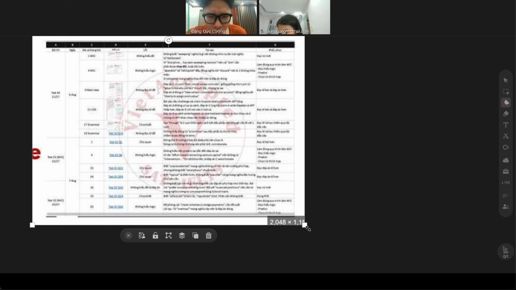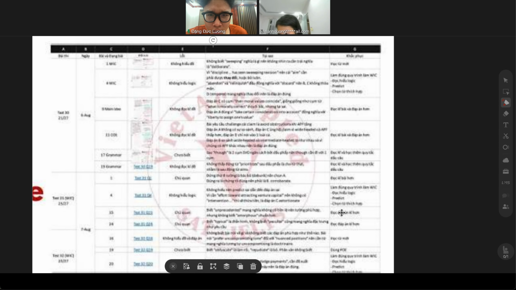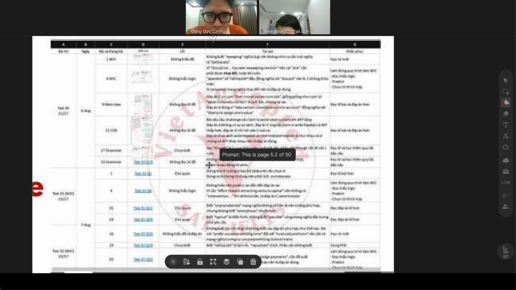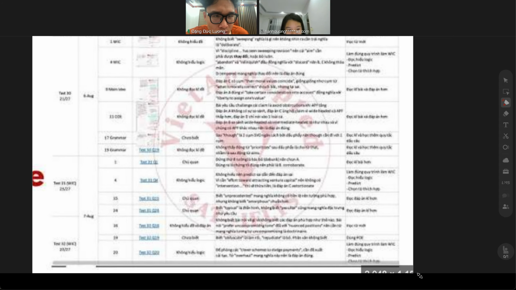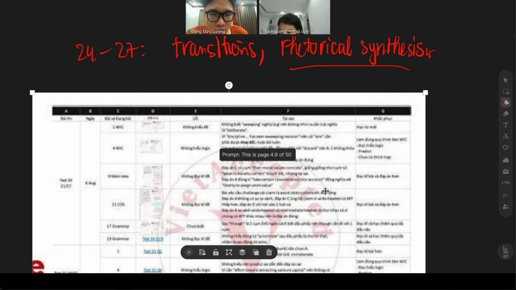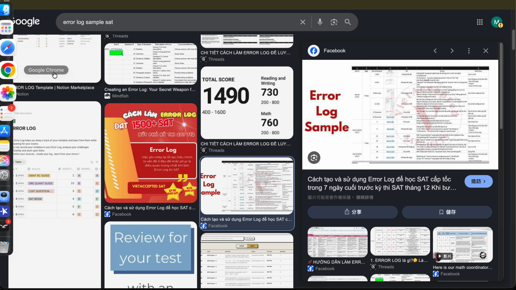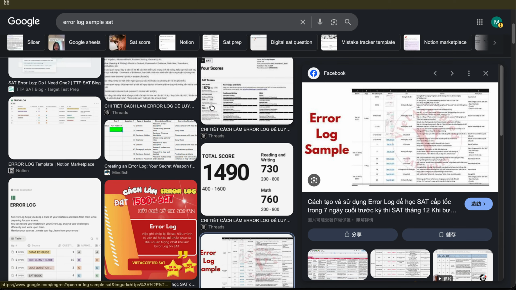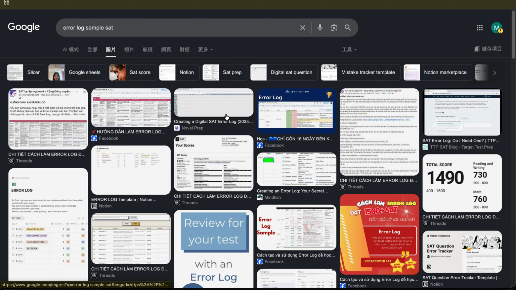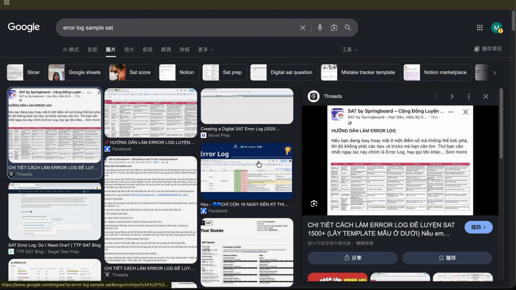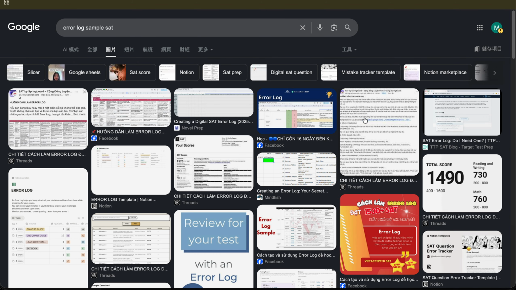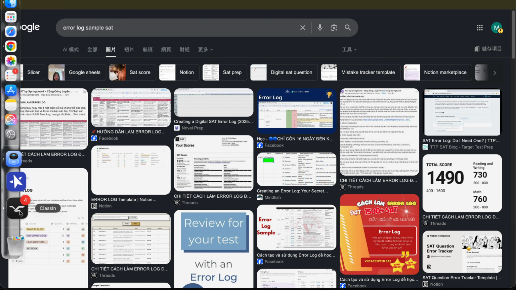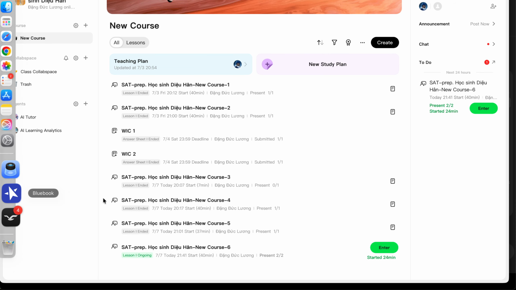It's a bit blurred, but oh my god, can you see that? Oh my god, it's so blurred, unfortunately. I think that's the best sample I can find on the internet.